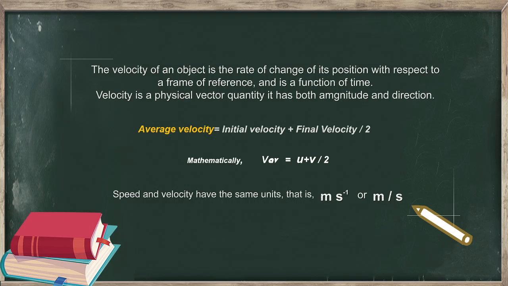Mathematically, V_av = (u + v)/2, where V_av is the average velocity, u is the initial velocity and v is the final velocity of the object. Speed and velocity have the same unit, that is meter per second, mathematically denoted by m/s.